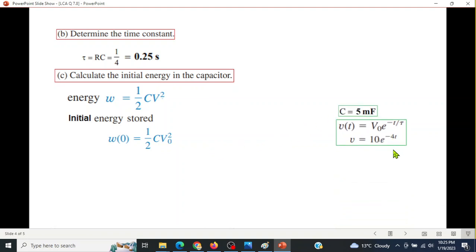And now from here, we had found the capacitor value. From comparing these two, we can see that V0 is equal to 10. So we'll put this value here. So putting the values, we get the initial energy of 250 millijoules at which the capacitor is charged.